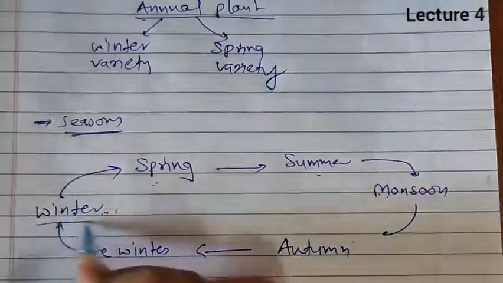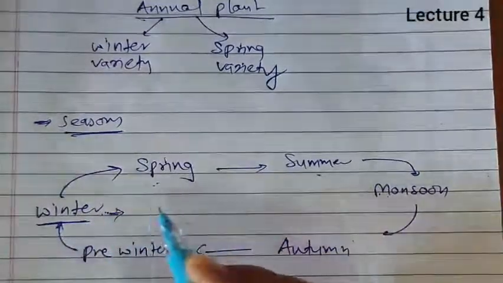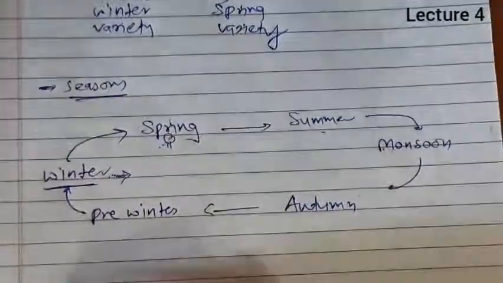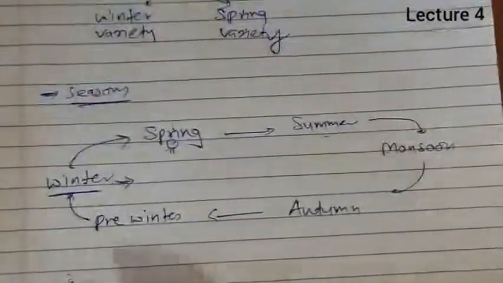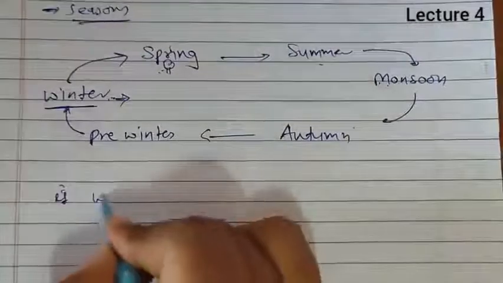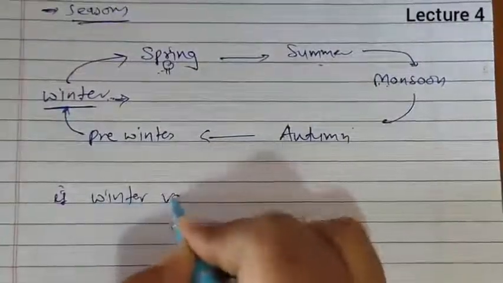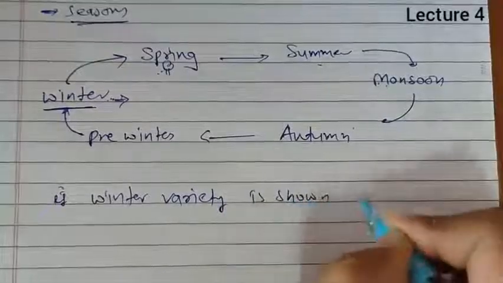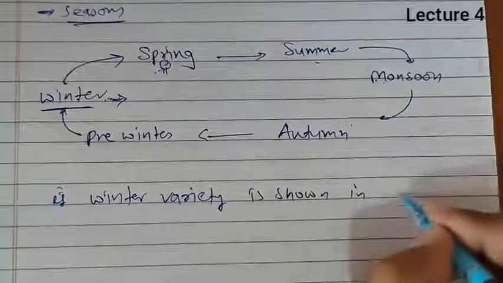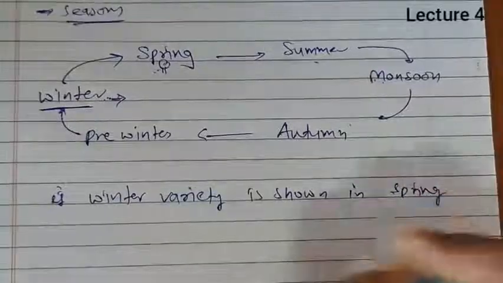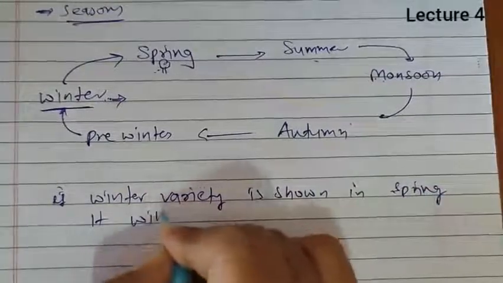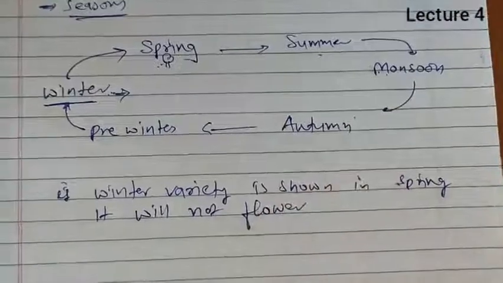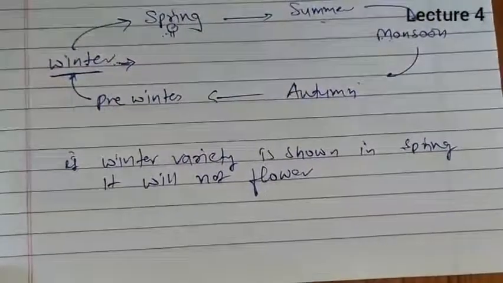But suppose the winter variety, which is normally sown in winter, is sown in spring. It will not flower, because its requirement of low temperature has not been completed.